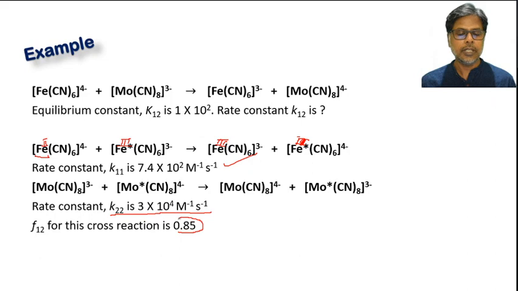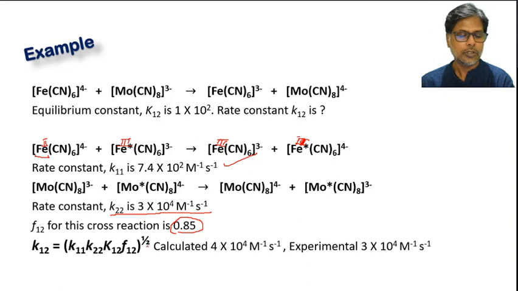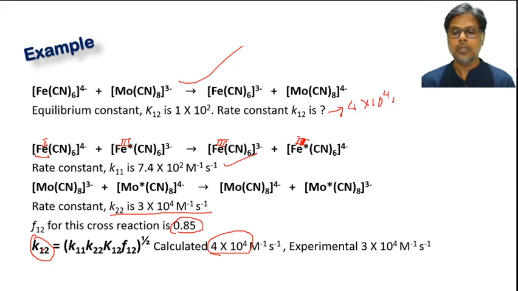If you take all these values and substitute them in the Marcus equation, you will get this value. This is the calculated rate constant for the cross reaction. The rate constant for the cross reaction is 4 into 10 to the power of 4 per mole per second.